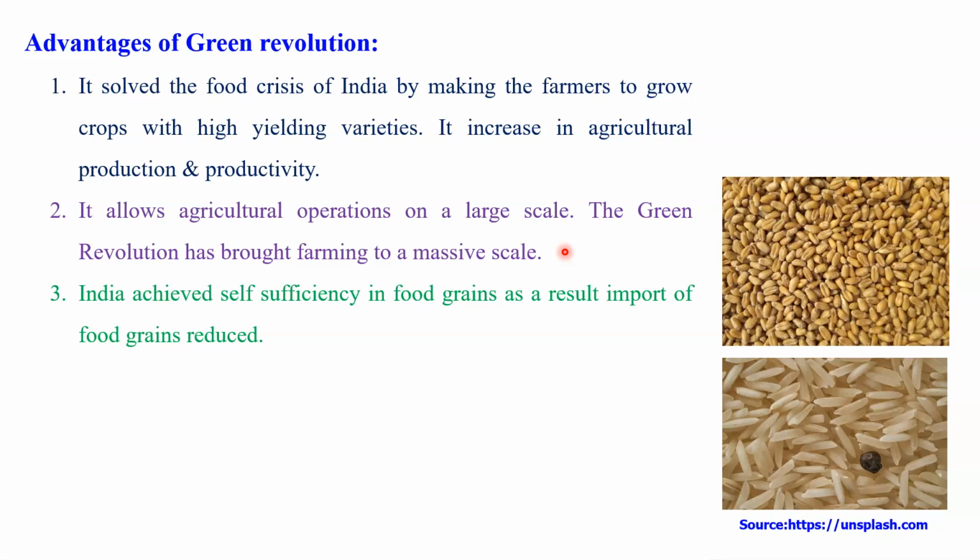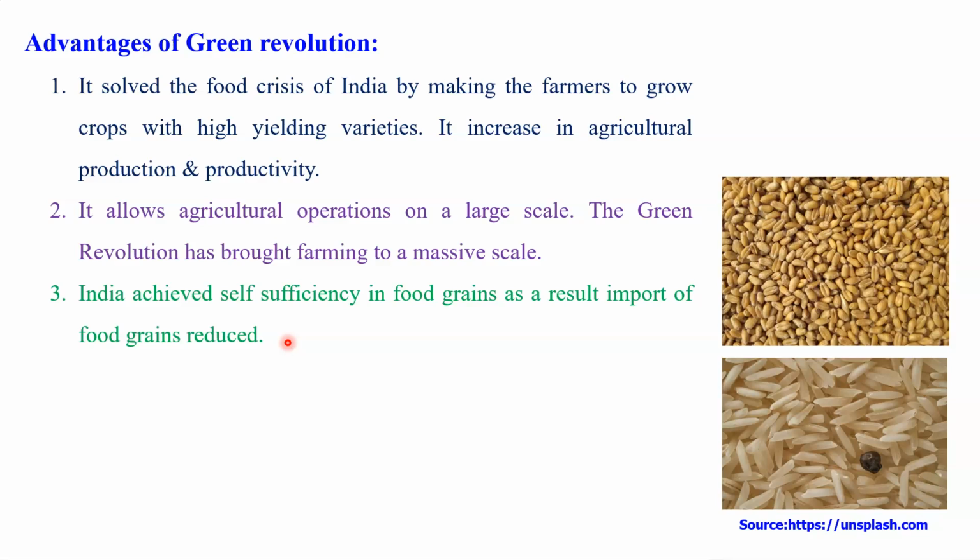Another important advantage: India achieved self-sufficiency in food grain. As a result, import of food grain reduced. This is a really good advantage, because when we implemented this program in India, we boosted our agriculture production, especially the production of food grains like wheat, jowar, rice and bajra.